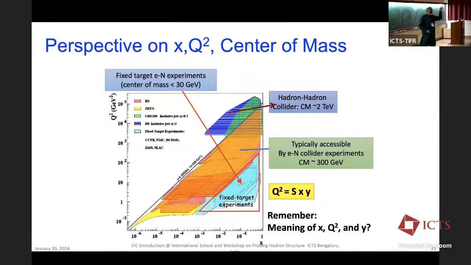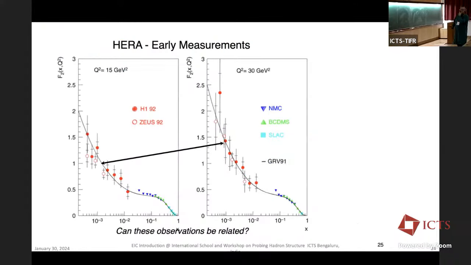I'll show you a simulation later of how that works exactly. So here is a measurement at Q squared of 15 GeV squared, and here is a measurement of the same quarks at 30 GeV squared. What has changed? The resolution has changed. But amazingly enough, the F2 structure function was looking like this at 15, and started looking like that.